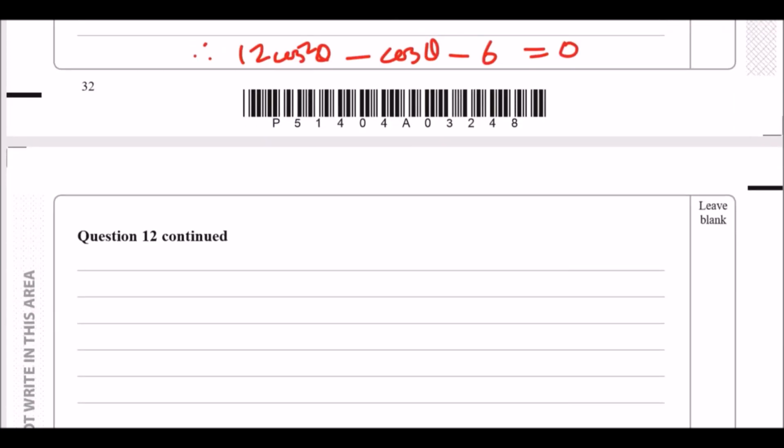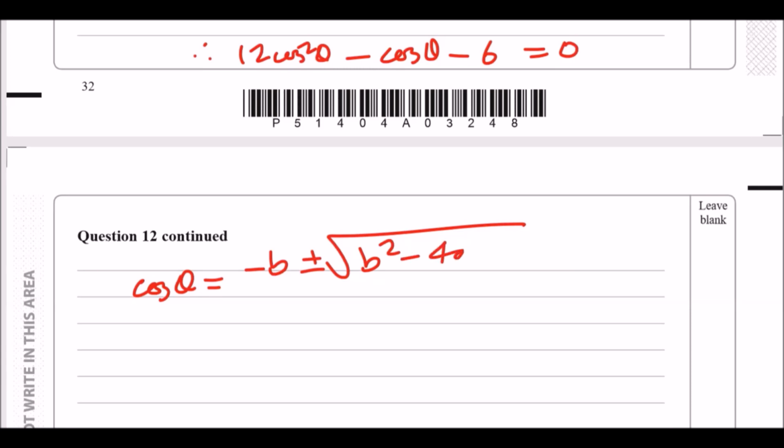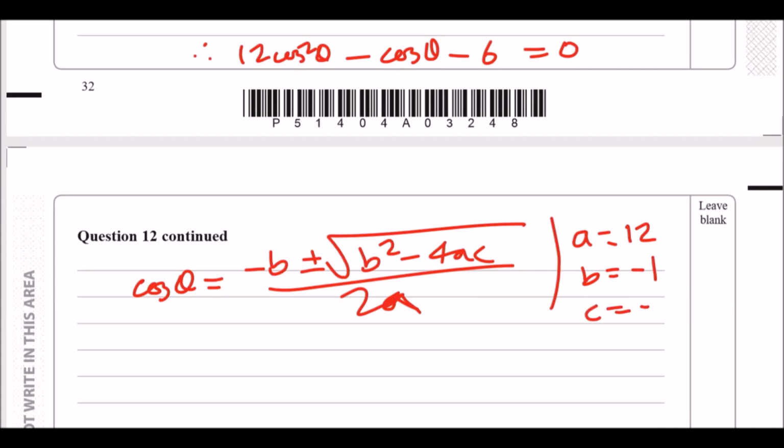Cos theta equals minus b plus or minus the square root of b squared minus 4ac, over 2a, where a is the value in front of cos squared, so 12, b is the middle one, minus 1, and c is minus 6.